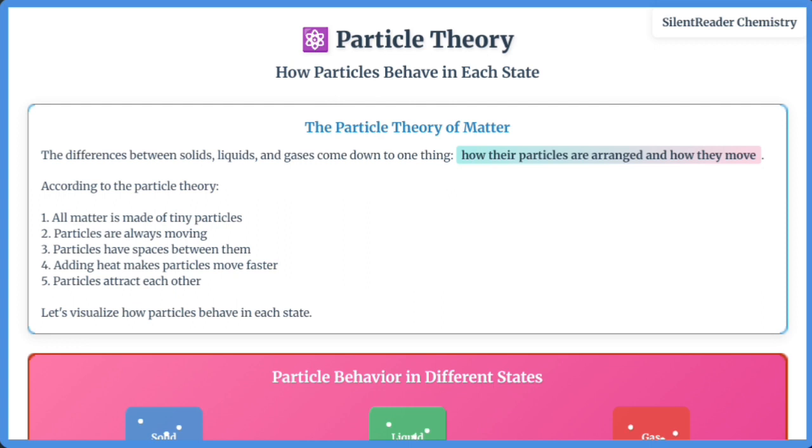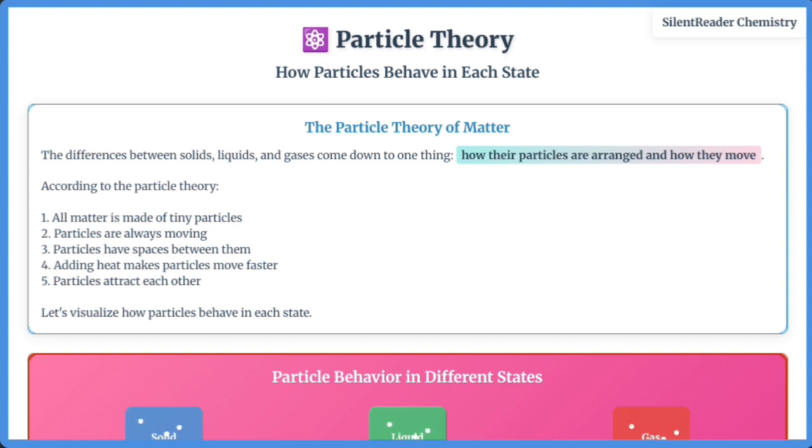The differences between states come down to particle behavior according to the particle theory of matter. All matter is made of tiny particles that are always moving with spaces between them. In solids, particles vibrate in fixed positions with strong attraction. In liquids, particles can slide past each other with moderate attraction.